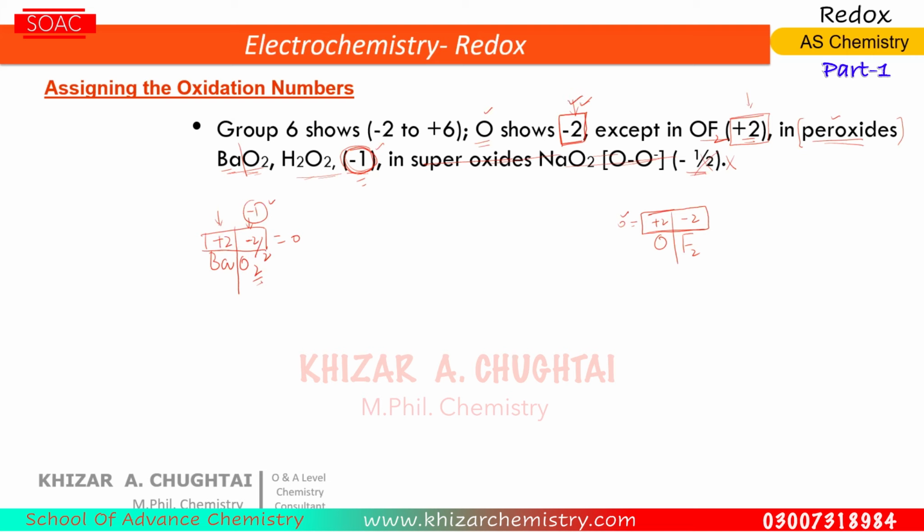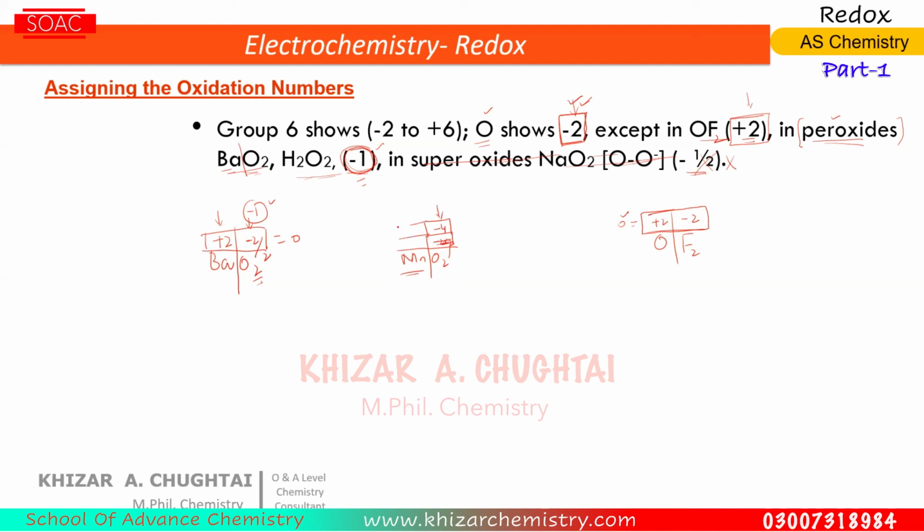When you have no other option, when you don't know the other element, for example MnO2, this is manganese, a transition element, which also has a variable oxidation state. Then you put oxygen equal to -2 by default. -2 multiplied by 2 is -4. So this box has an oxidation number of -4.